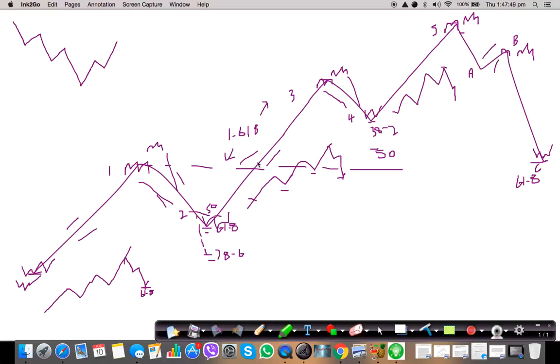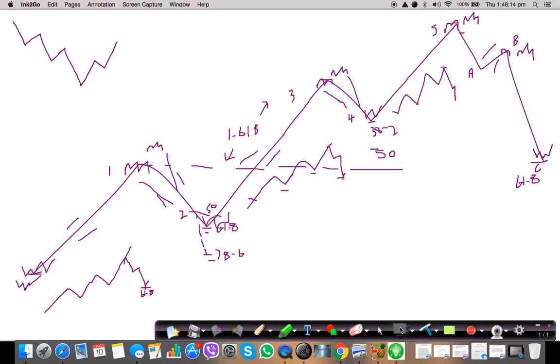If we can only get 2 impulse waves, then we'll say we're at the fourth wave, which is the second bunch of corrective waves. Okay? I hope you are confused as hell.